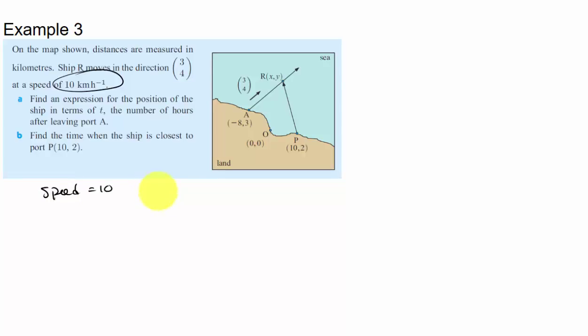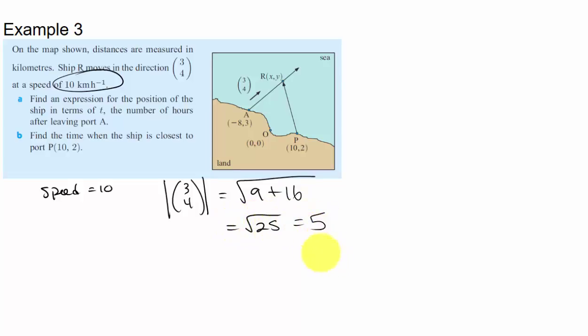So we have what we're given as our direction vector. So we get 9 plus 16, which is equal to the square root of 25, which is equal to 5. Well, when we do the formula, it says that our speed is 5, but the question is telling us that the speed is 10. So that means it just must be a scalar multiple.